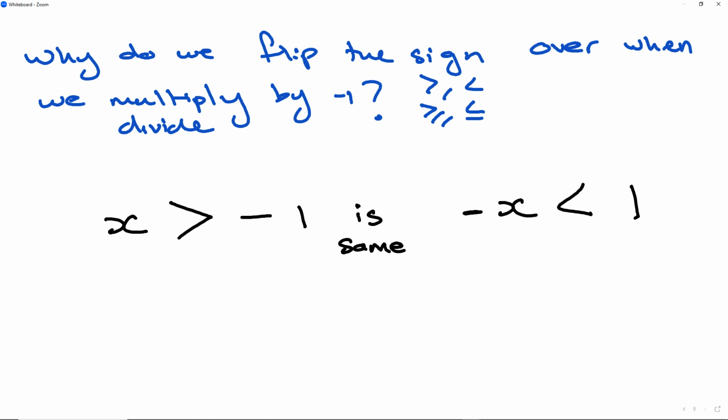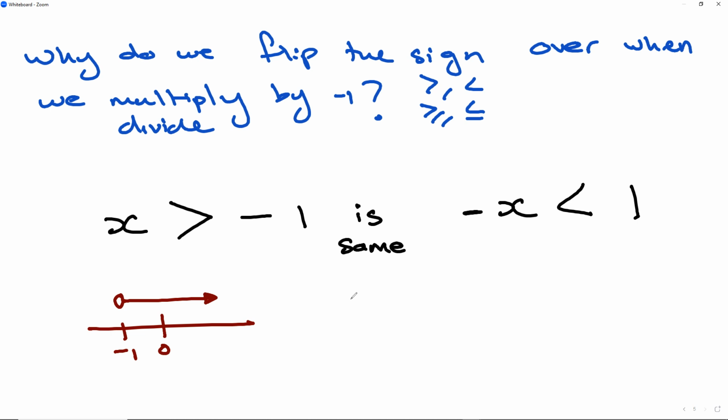Now, putting this on a number line, or giving it some values, if x must be greater than -1, that means on a number line at -1, it's going to be all the values to the right of it.